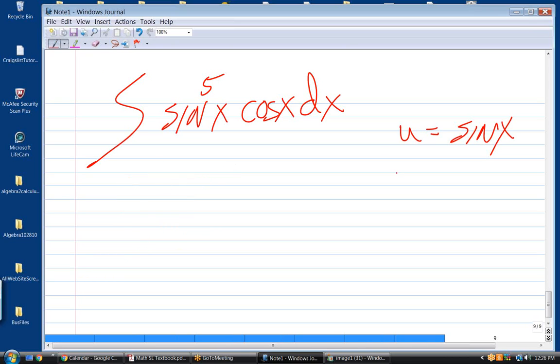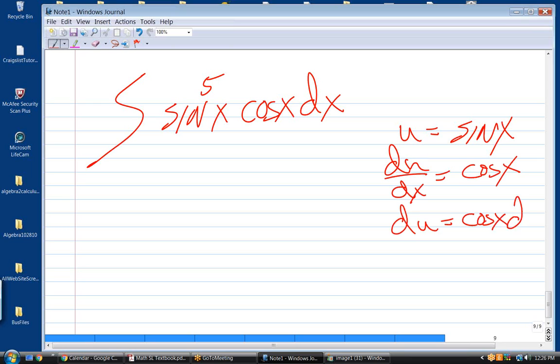What's du dx? That'd be cosine x. What's du? Cosine x dx. What's dx? Du over cosine x. Notice that the derivative of the inside, again, is in the bottom.